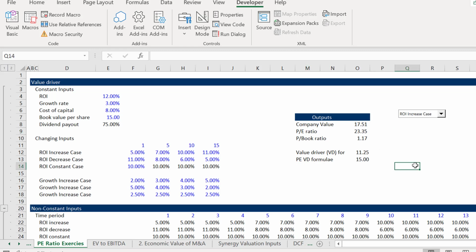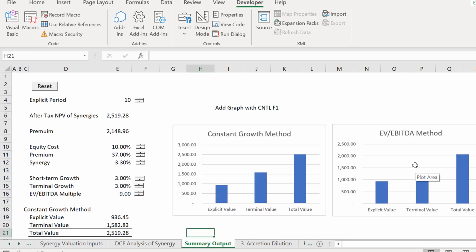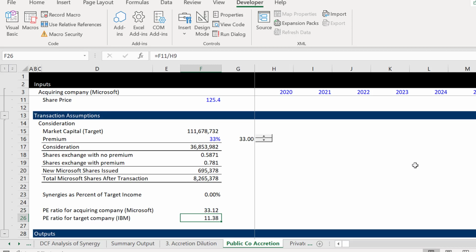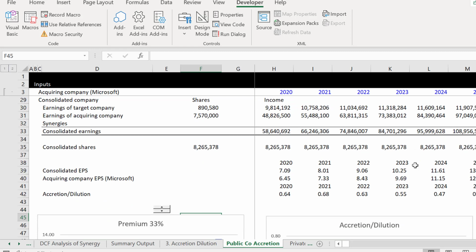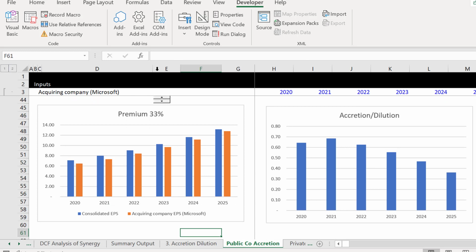Now, this is the crazy thing that happens with all of this stuff. When we buy a company like this, what happens? When we get accretion in earnings per share, guess what happens?